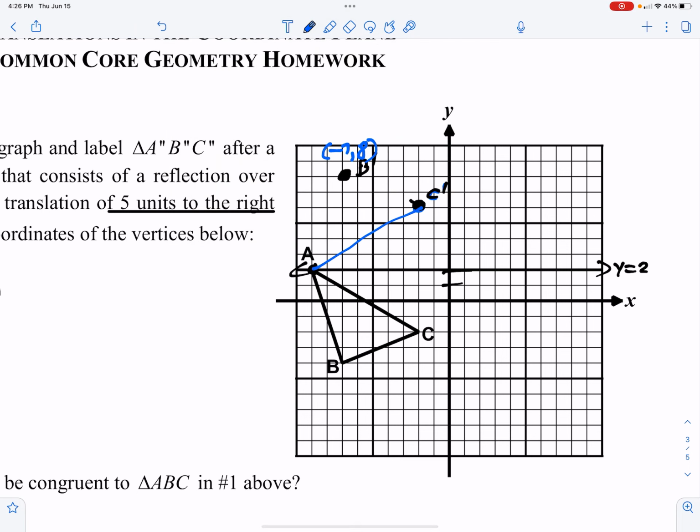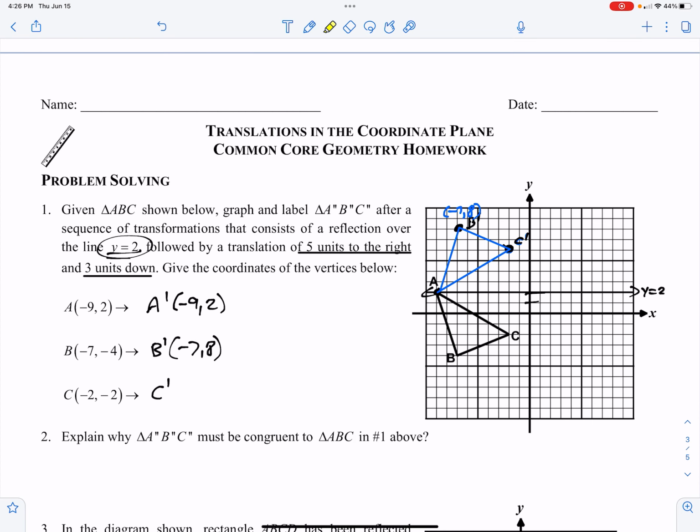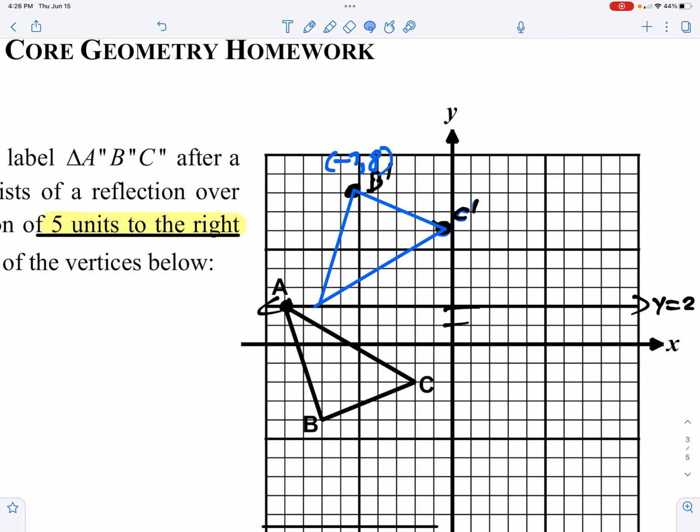So my reflection about the line, y equals 2, takes this and reflects it over here to get that image. All right. Now we want to take that and translate it 5 units to the right and 3 units down. So that would kind of look like this. We'd basically be taking this triangle and moving it 1, 2, 3, 4, 5, and then 1, 2 units down.